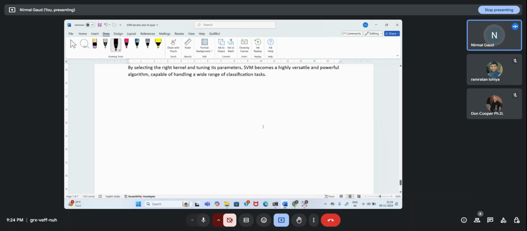And the equations which you have seen in the SVM, for classification and regression.